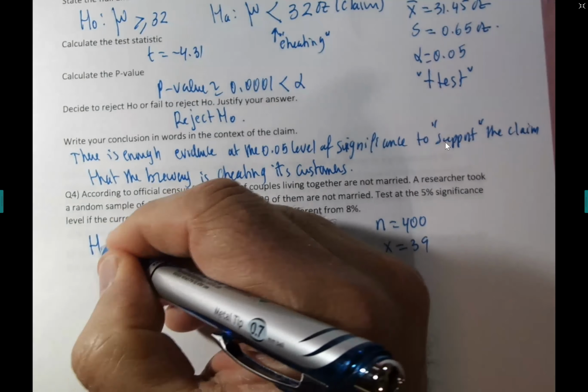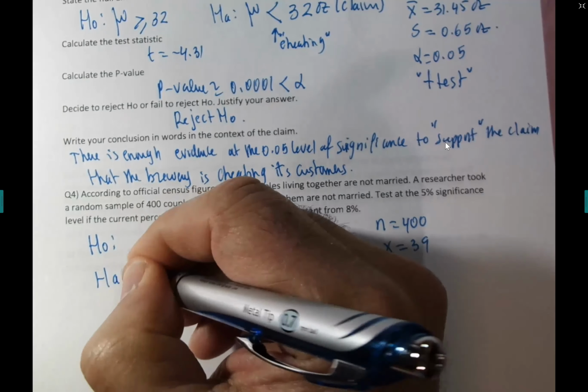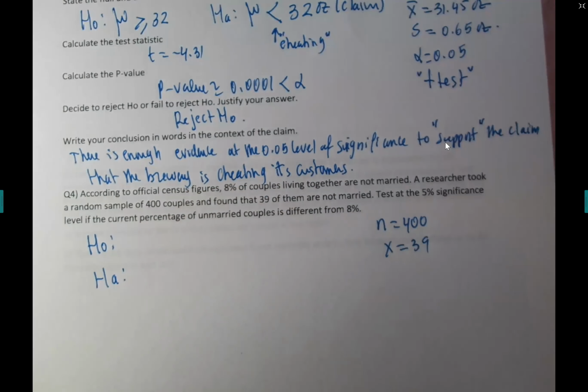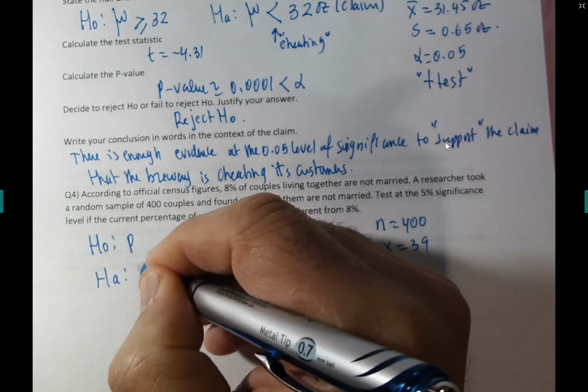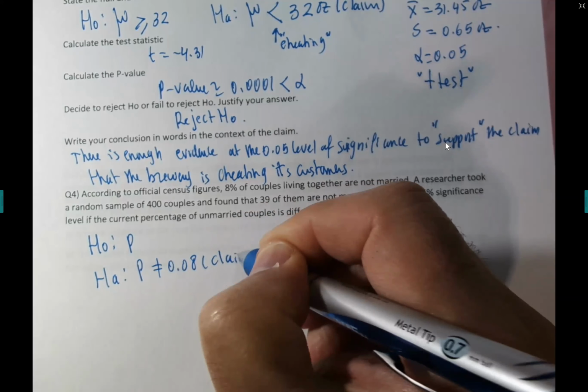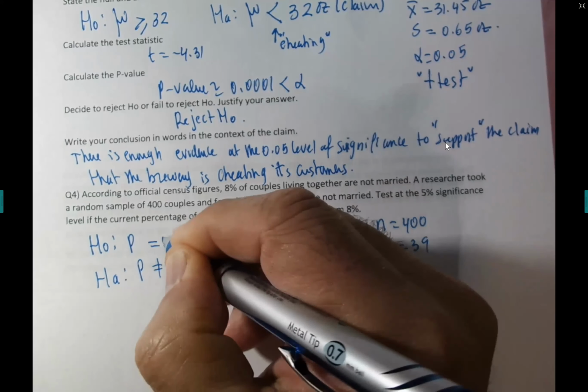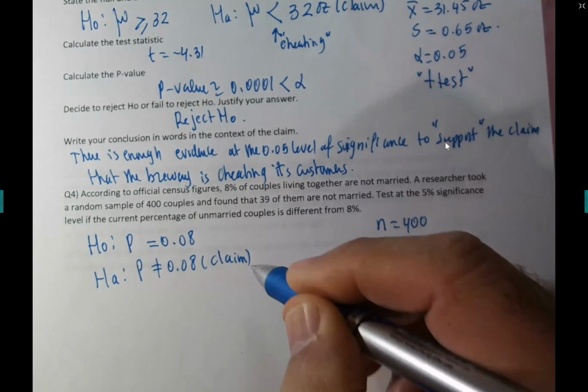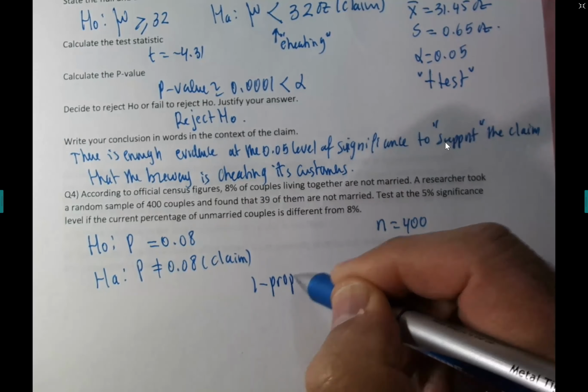So can you guys tell me what the null and the alternative are? P is not equal to 8. Yeah, as simple as that, guys. I mean, it's obvious. And this is a one prop Z test.